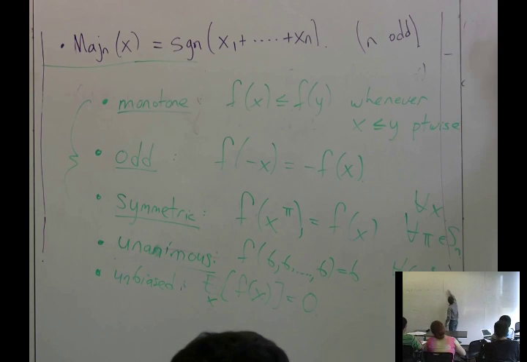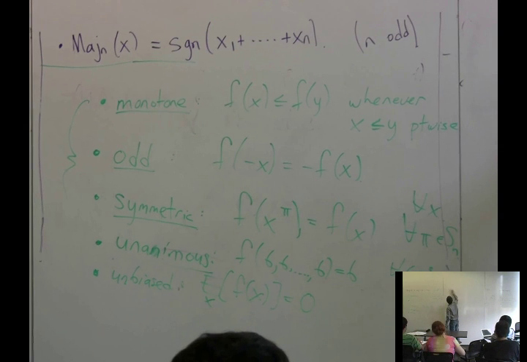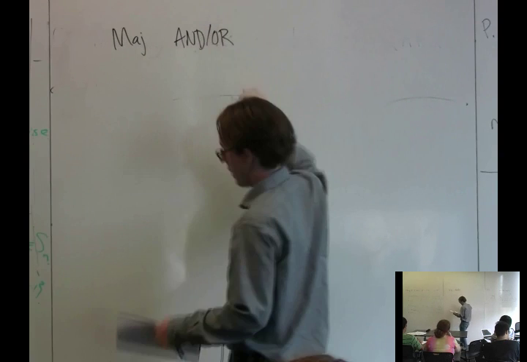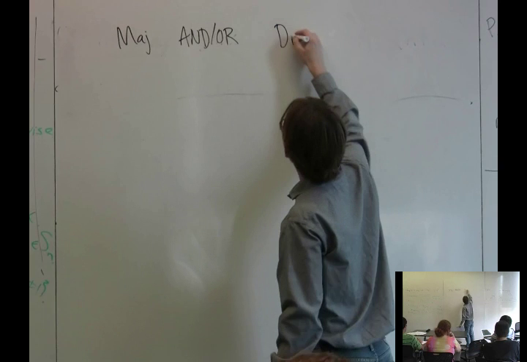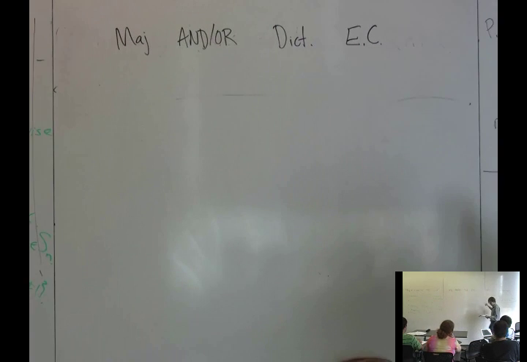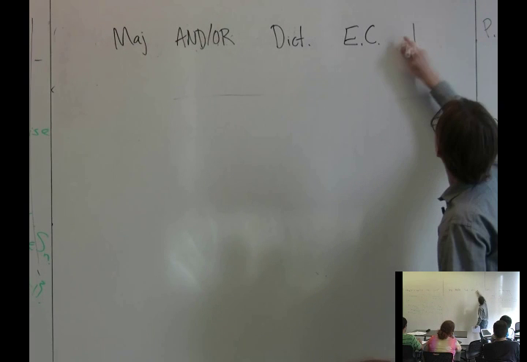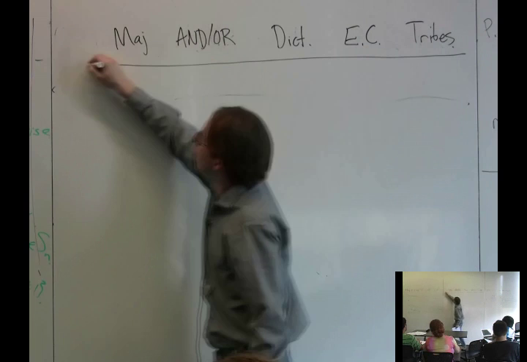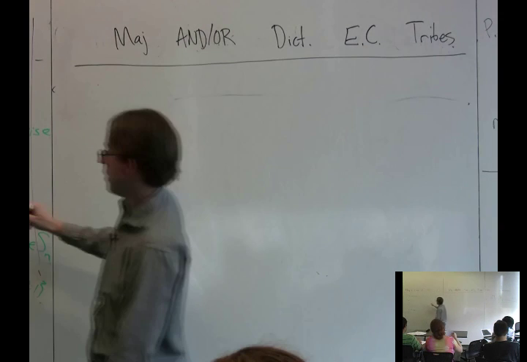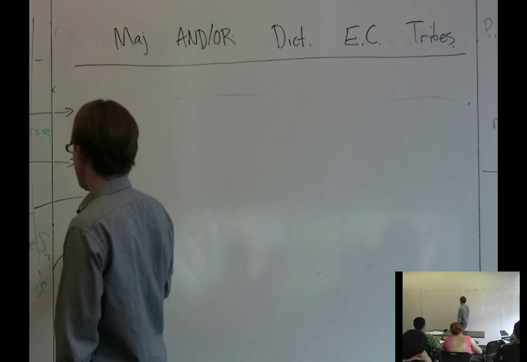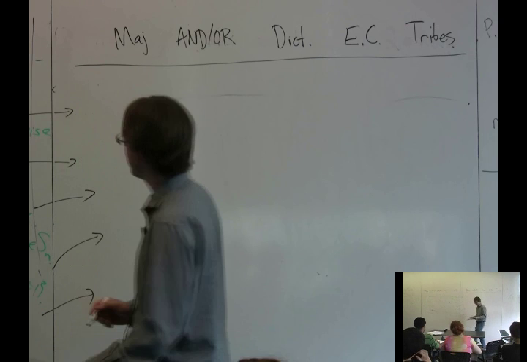Okay, so the functions I'll look at are majority, and, or (also or, they'll have sort of the same properties), dictator, this Electoral College thing used in the United States, and tribes. In fact, since I have it here, the properties are monotone, odd, symmetric, unanimous, and unbiased.